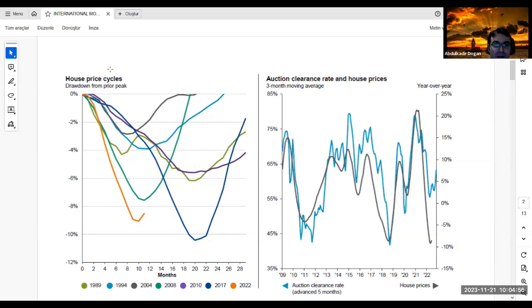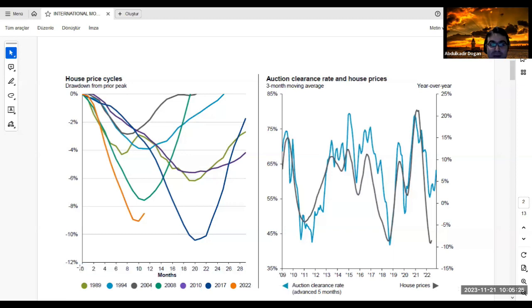As you see, in the house price cycle we have two important dates. One of them is this green line, 2008. Please focus on this 2008. We have months here, meaning the months in the year and the following 28 months, approximately.